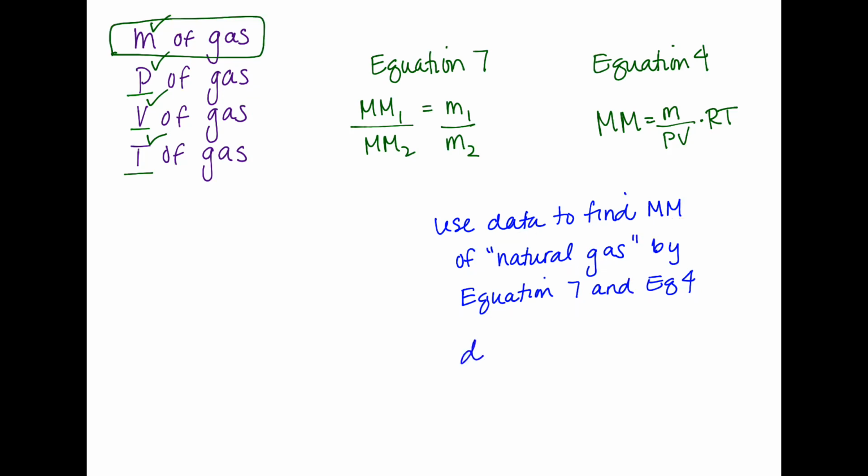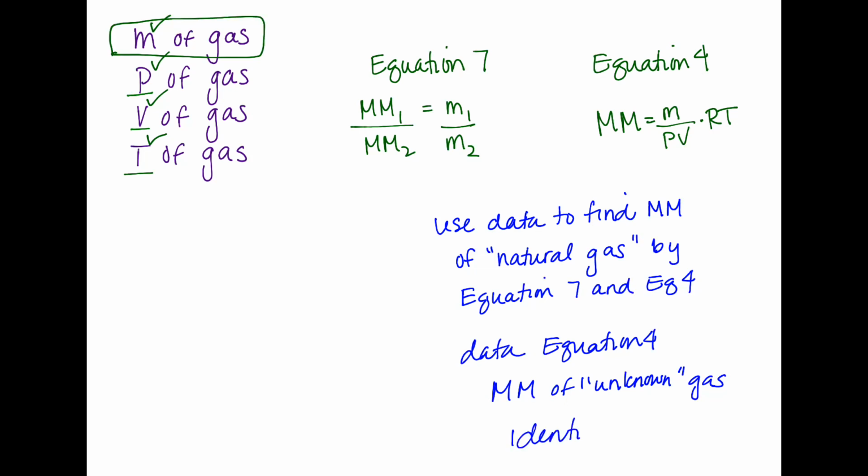Then you're going to use your data and equation 4 to find the molar mass of an unknown gas. And then you're going to use that molar mass to pick from a selection of gases to find the identity of your unknown.